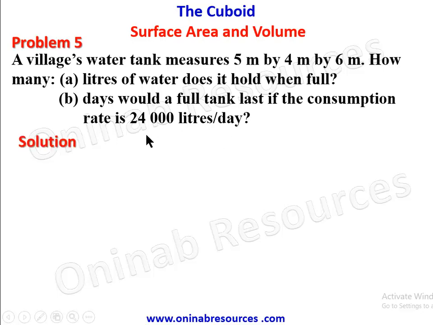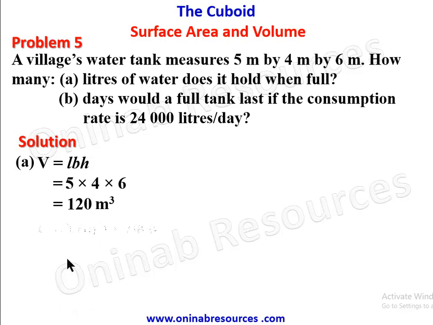Okay, here we need to calculate the volume. Then that's going to be in meters, multiply by 1,000 to give us the capacity in liters. Then we go to B. So for A, the volume is length times breadth times height, that is 5 times 4 times 6, which gives 120 cubic meters.